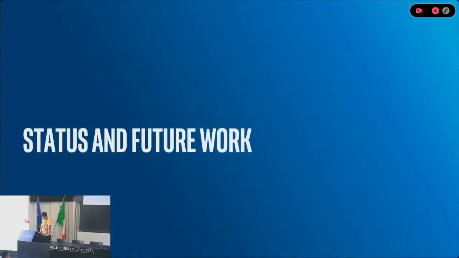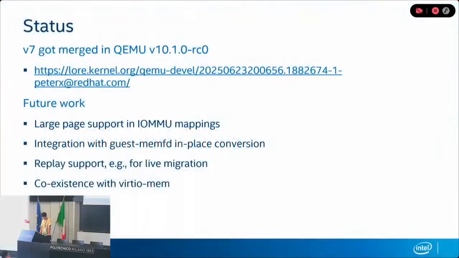And so then our status and some future work. So we sent out 7 versions. Version 7 got merged in QEMU v10.1.0 RC0. And we just did the bare minimal work and some future work remains.